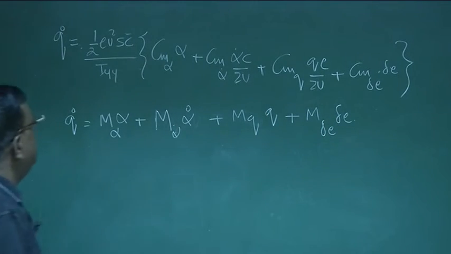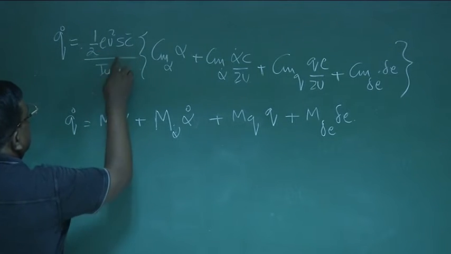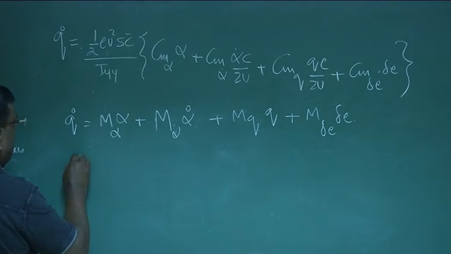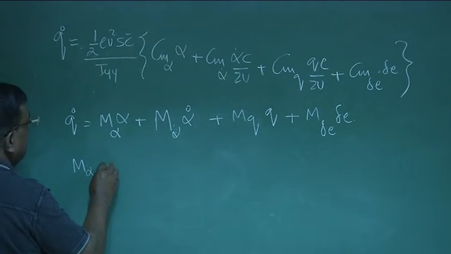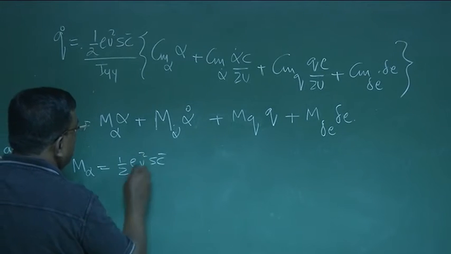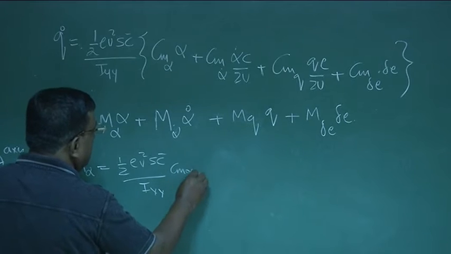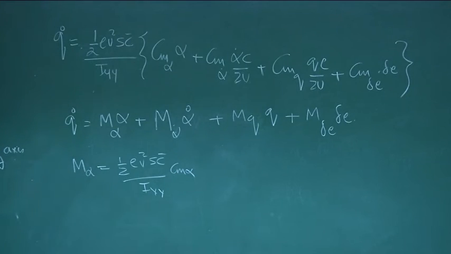What I have done? I have clubbed half rho v square S c bar by Iyy into Cm alpha as m alpha. So m alpha equal to half rho v square S c bar by Iyy Cm alpha. Similarly, what is m alpha dot?